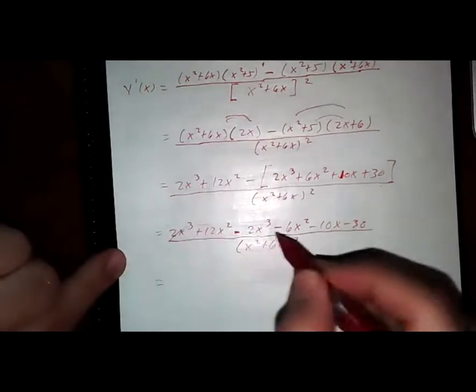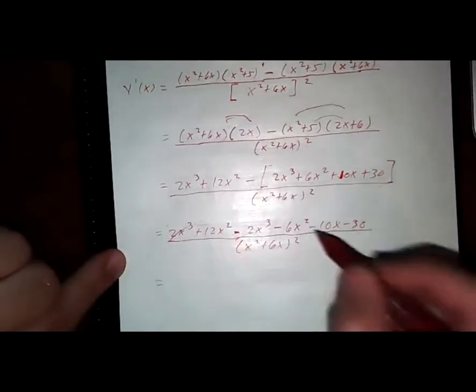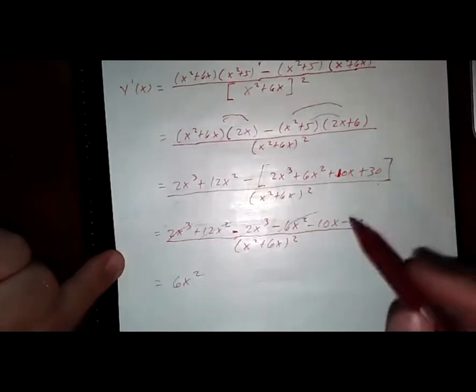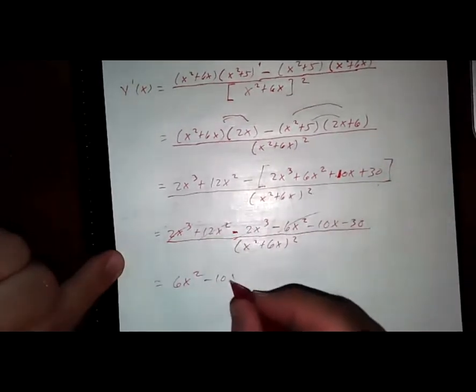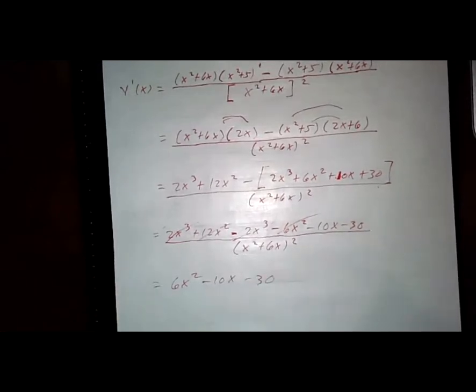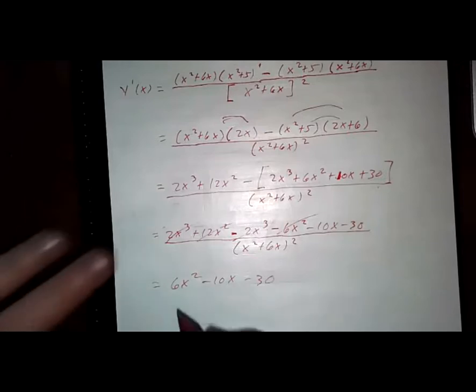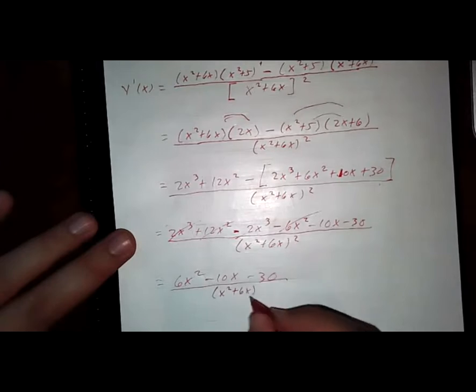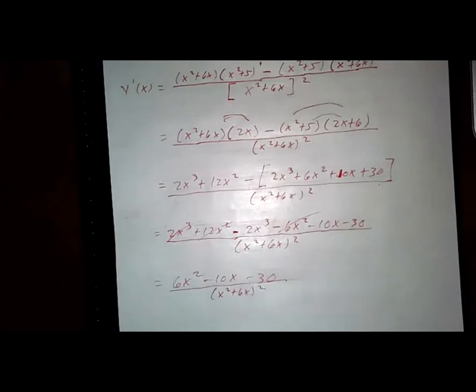These cubes will be gone, right? 12 minus 6 gives 6x squared, 10x by itself, minus 30. And that should be it.